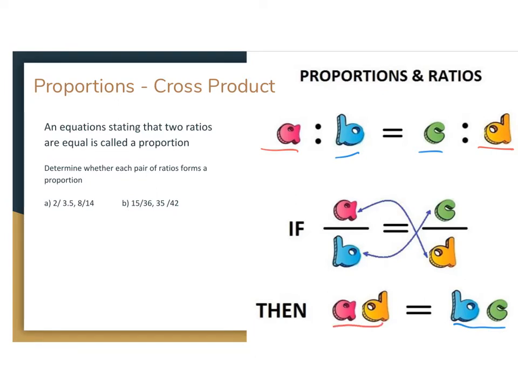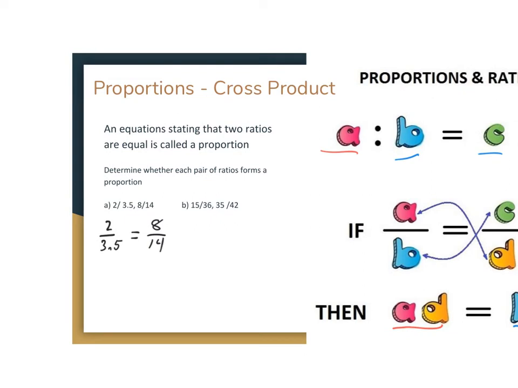So let's look at the cross product of a few ratios. Let's determine whether each pair of ratios forms a proportion, meaning they are equal to each other. So first we have 2/3.5 is equal to 8/14. So again, we can multiply both sides by 14.